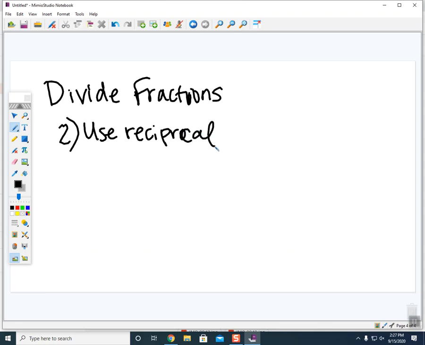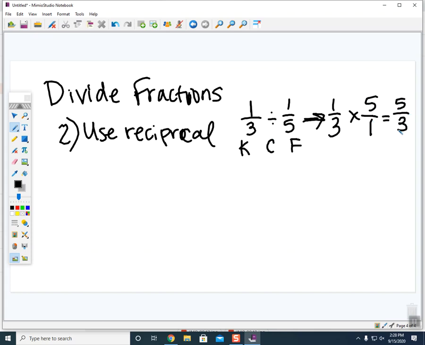So, if I had 1/3 divided by 1/5, what keep, change, flip says is I keep my first one, change my sign, and I flip my second one. So this would be 1/3 times 5 over 1, which is equal to 5/3, right?